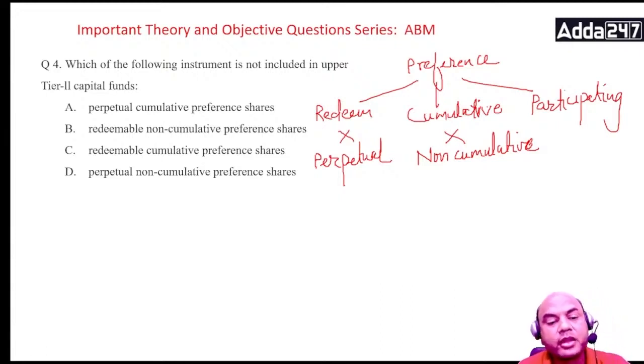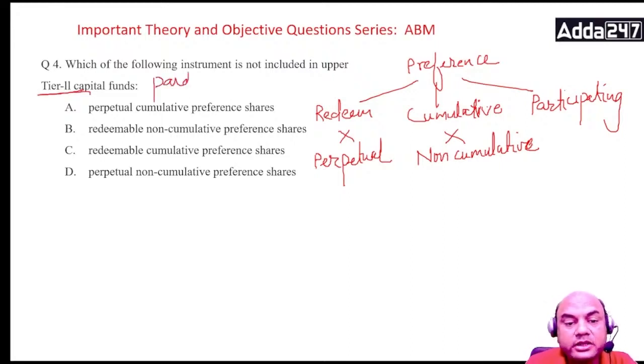Now look at this. Perpetual, cumulative. Cumulative means you want it in tier 2 capital. Tier 2 means it's a paid capital, going concern. So cumulative will be included over here, where you have to repay the dividends whenever you have not paid. So this is true.